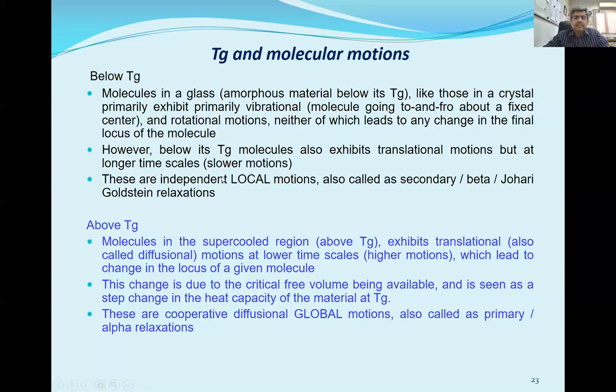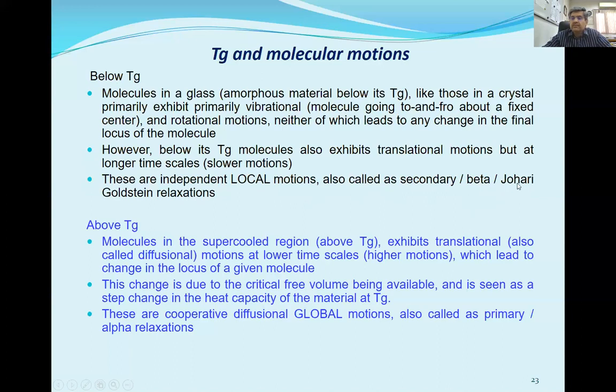And these independent local motions have been given certain terminologies, and they are also called secondary or beta or Johari-Goldstein relaxations. So these are the three terminologies which are used for the independent local motions that occur below the glass transition temperature. I'll repeat their names: secondary relaxations, beta relaxation, or Johari-Goldstein relaxation.